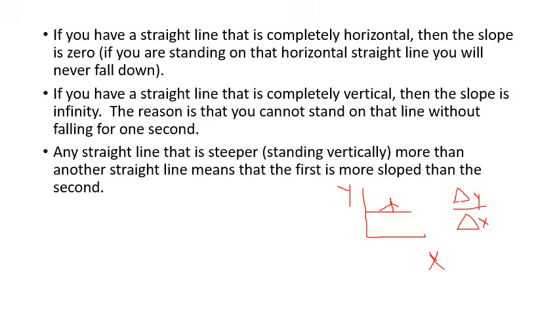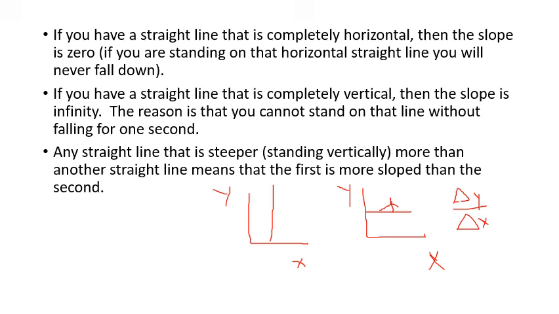So if you have a straight line that is completely horizontal, then the slope is 0. I told you, if you are standing on the horizontal line, you will never fall down. The opposite is exactly if you have a straight line that is completely vertical. Here I have y, here I have x, and I have a line like that, parallel to the vertical axis.